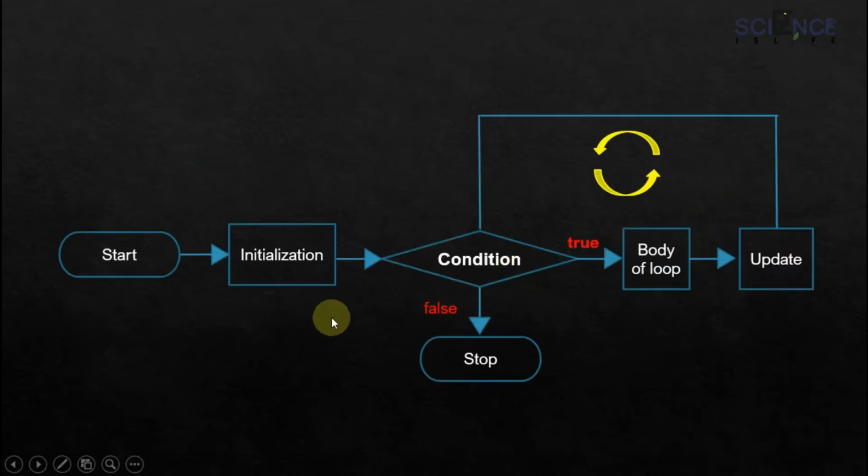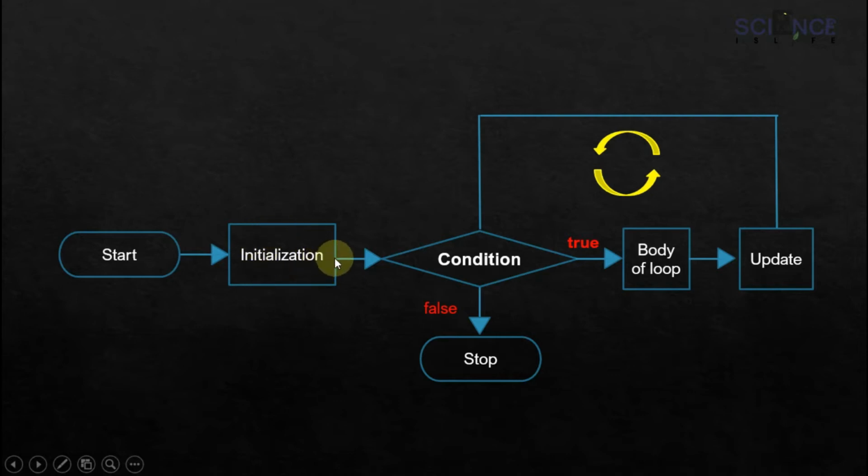So this is the flow chart of the for loop. Let's see how this is working. We will start the for loop with the initialization. The for loop will execute from the initialization.